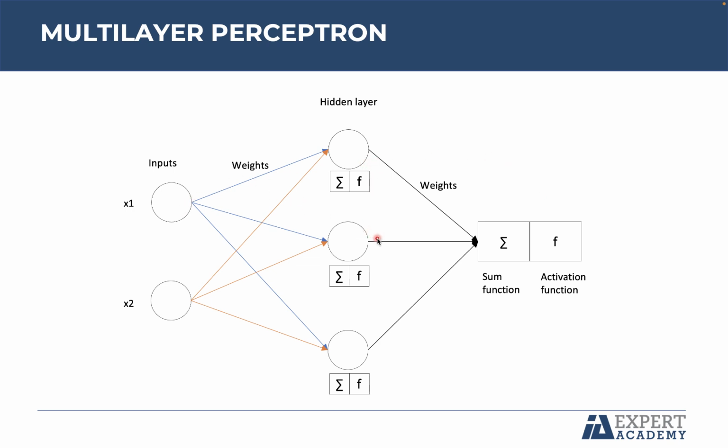We can notice that the 3 neurons in the hidden layer are connected to the last neuron in the output layer, and there are 3 new weights, and the same calculations will be applied until the final output is returned. To deal with complex problems, we need different activation functions, since the step function is quite simple.